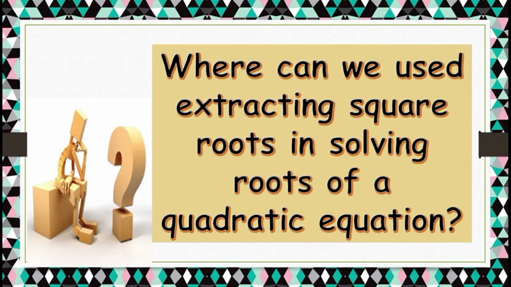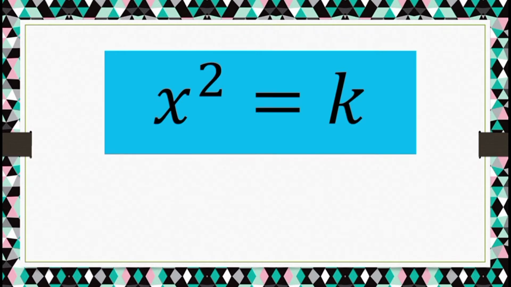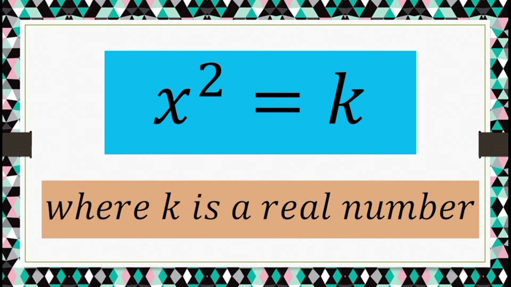The question is, where can we use extracting square roots in solving roots of a quadratic equation? It can be utilized in the form x squared equals k, where k is a real number.